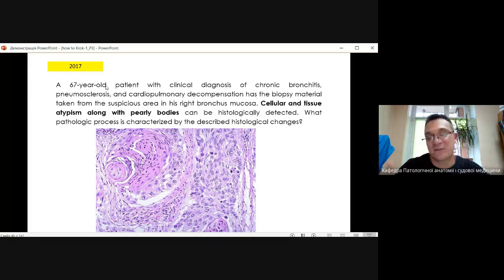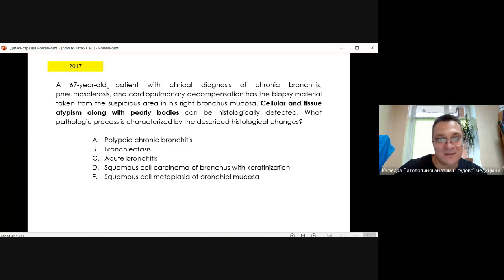Okay, in fact, it's squamous cell carcinoma, keratinized type. Yeah, that's squamous cell carcinoma of the bronchus with keratinization. The keyword over here is the presence of so-called cancer pearls. That means there is keratinization. Without cancer pearls, we call it non-keratinized or just simply squamous cell carcinoma without specifying.